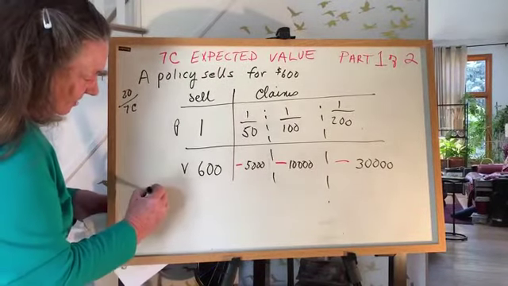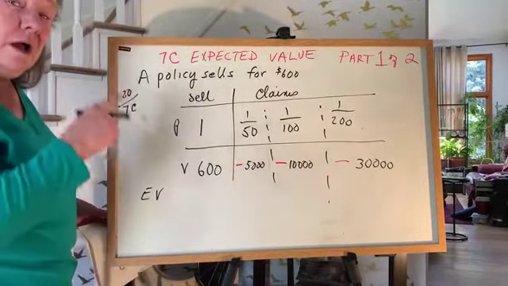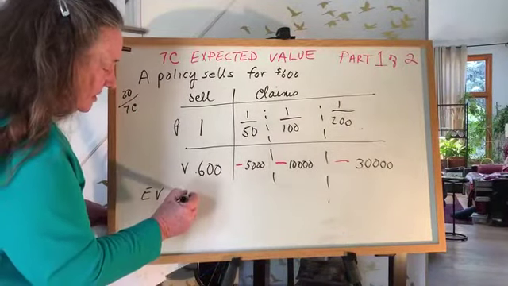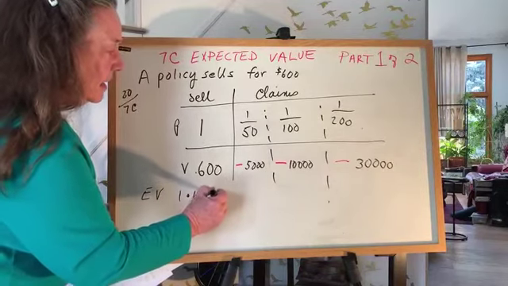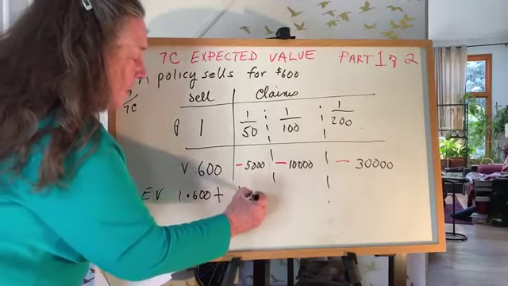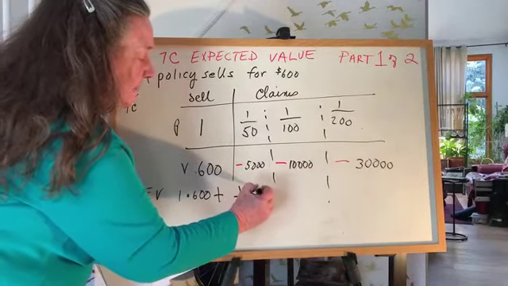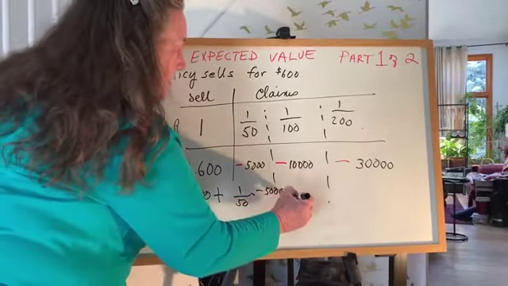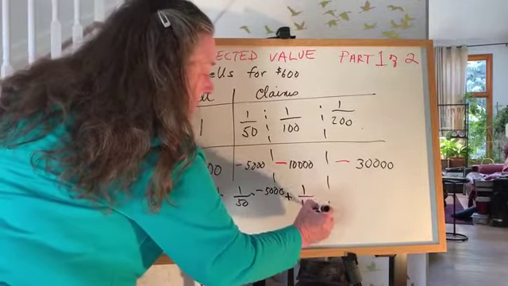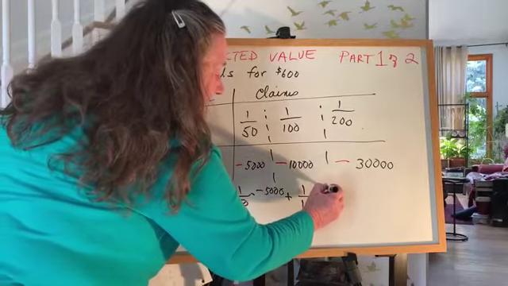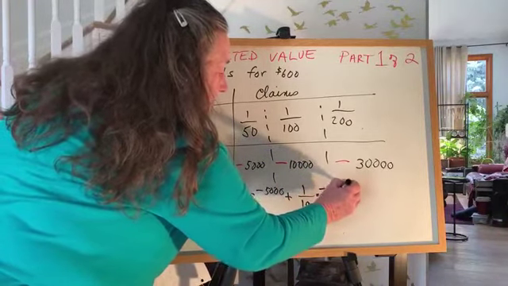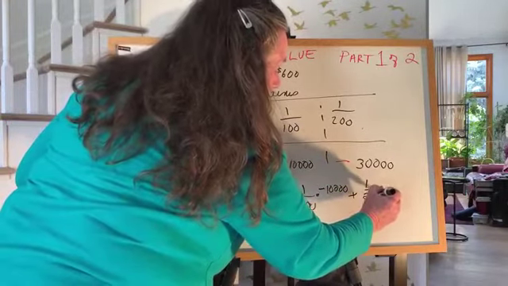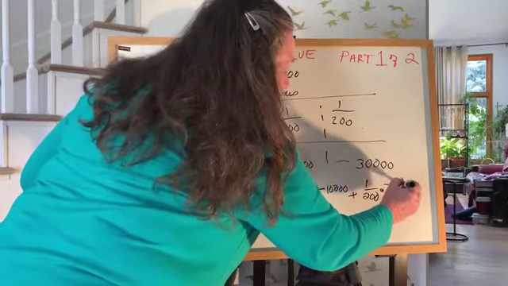The expected value to the company, because this is a positive, is 1 times 600 plus 1 over 50 times negative 5,000 plus 1 over 100 times negative 10,000 plus 1 over 200 times negative 30,000.